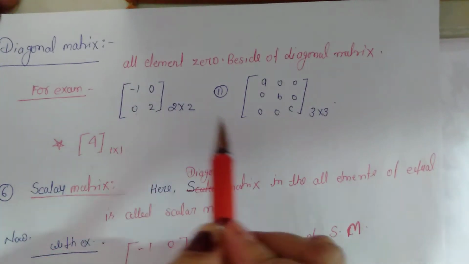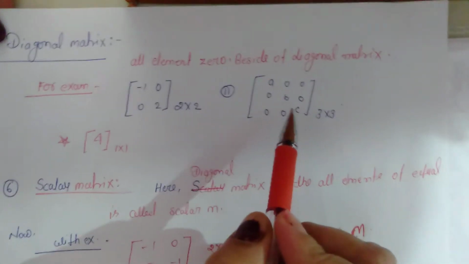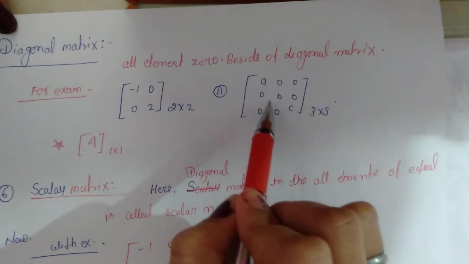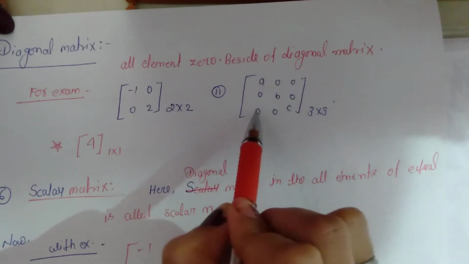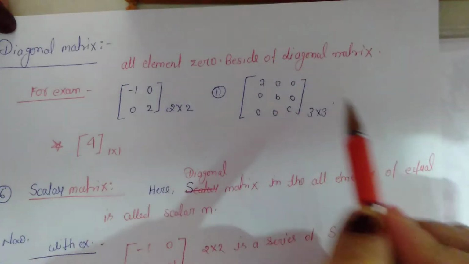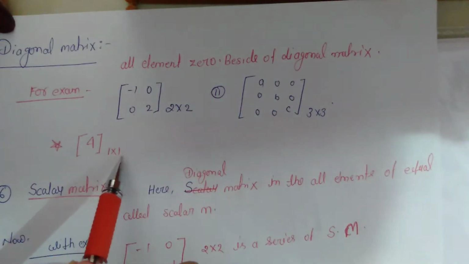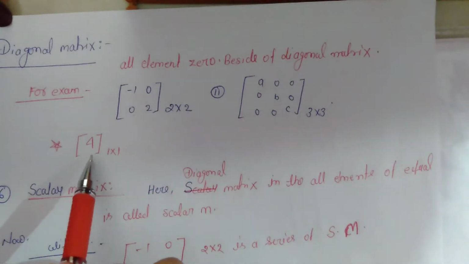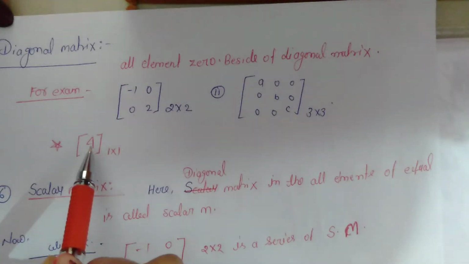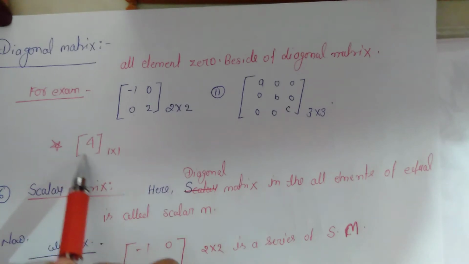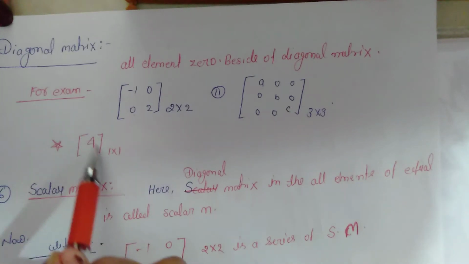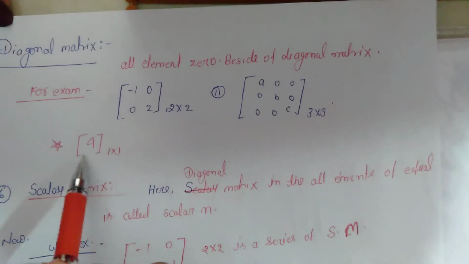Examples are 2 cross 2 and 3 cross 3 matrices where the diagonal has numbers and the other elements are 0. Also, a 1 cross 1 matrix has a diagonal element.